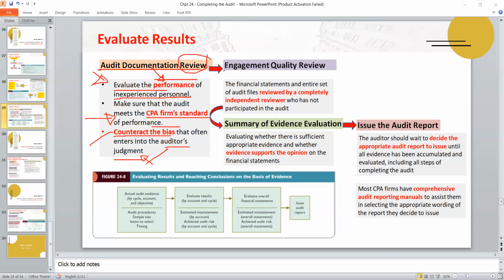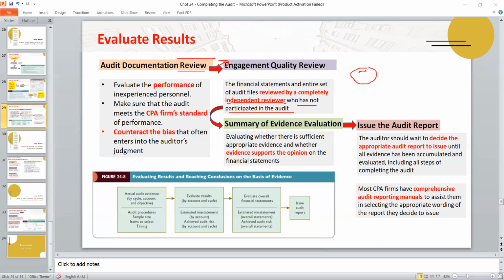Someone reviews the audit documentation created by the audit team, usually the supervisor of the team. Second, there is the engagement quality review, which means there is an independent reviewer who has not participated in the audit, so it is outside the team.